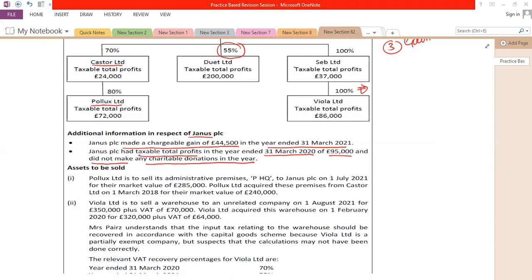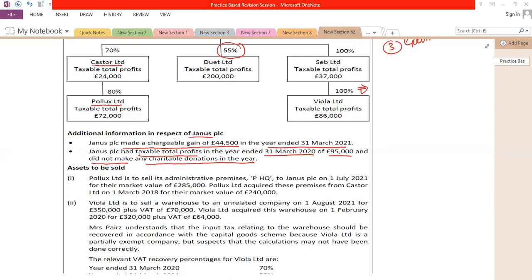And also we have the group loss relief. Okay, so current year we have carry back and we have group loss relief because we have a group structure available. I'm about to write, but before writing this part of the question, let me give you an idea.